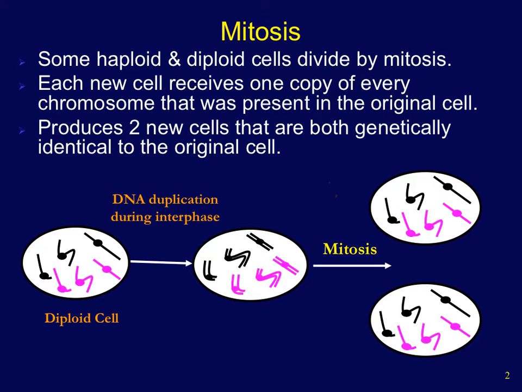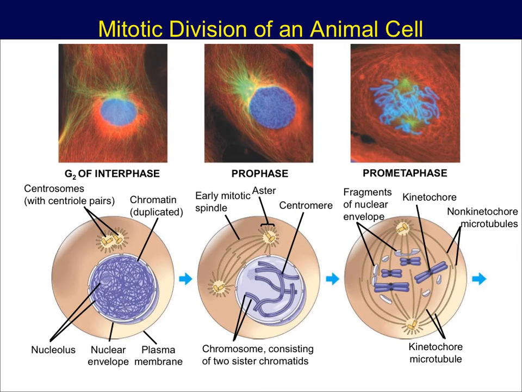This is a simple pathway from a diploid cell in G1 phase, and then into S phase where the DNA is actually duplicated enough for two cells. And then finally into G2, and then into mitosis, which is what we're going to look at.